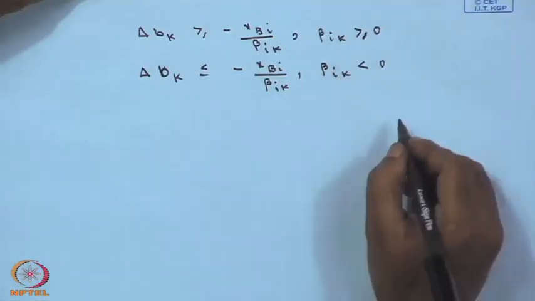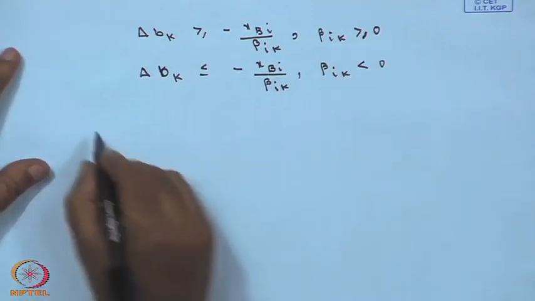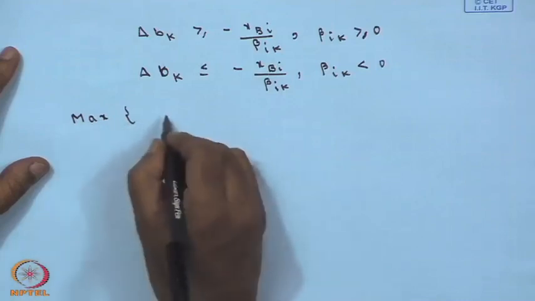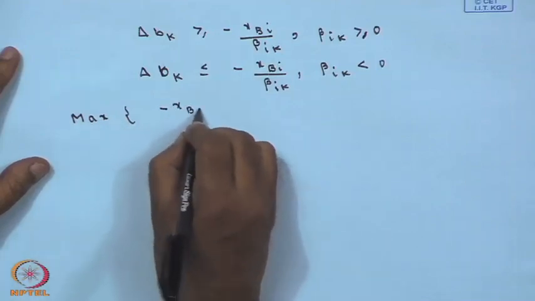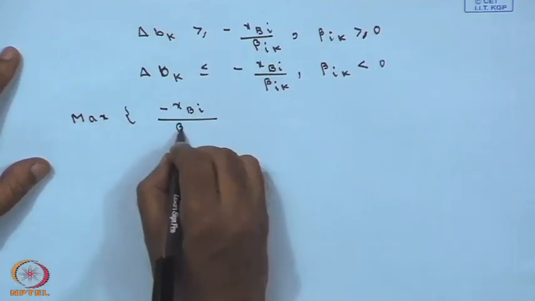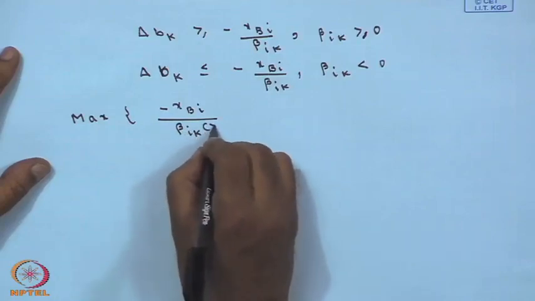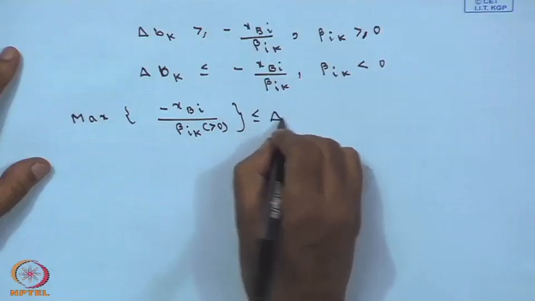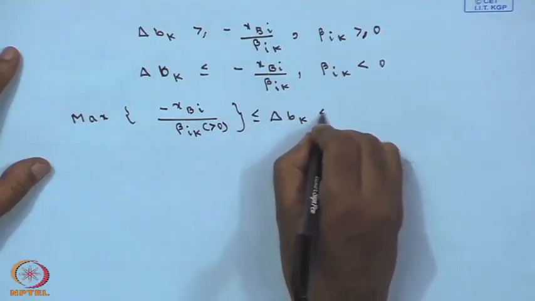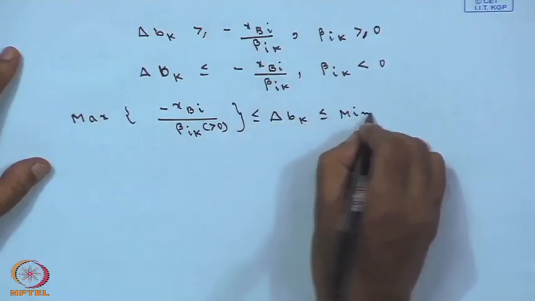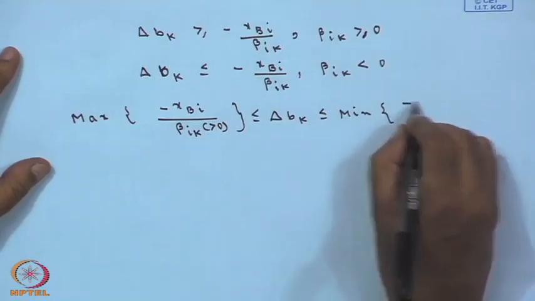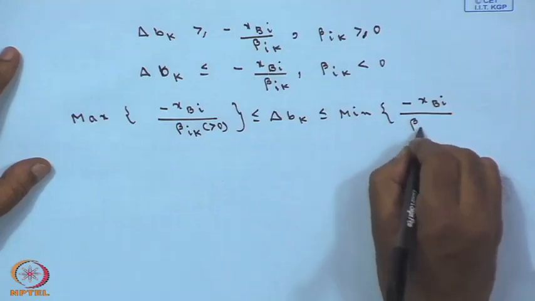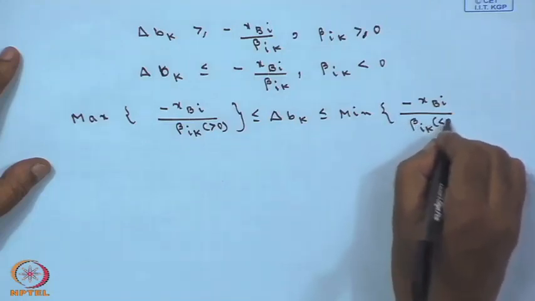It should not be equal to 0. If you combine these two, in general you can write: maximum of minus x_Bi by beta_ik, where beta_ik is greater than 0, is less than or equal to delta b_k, less than or equal to the minimum of minus x_Bi by beta_ik, where beta_ik is less than 0.